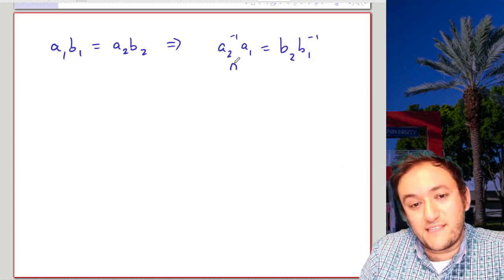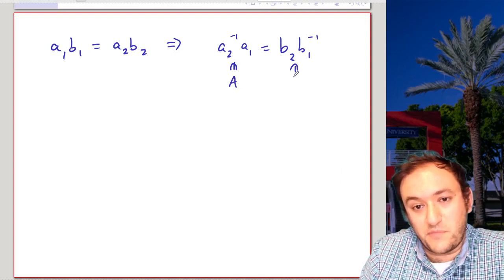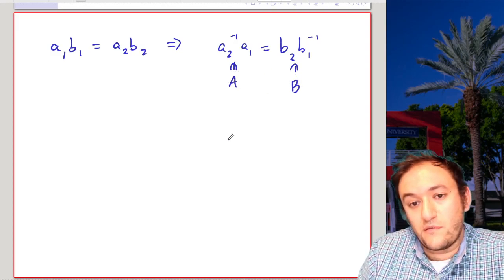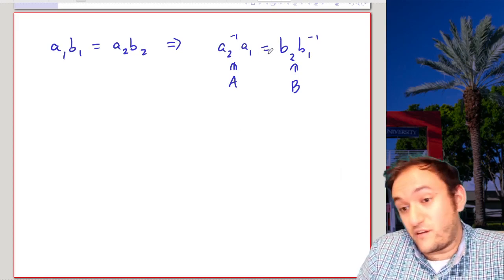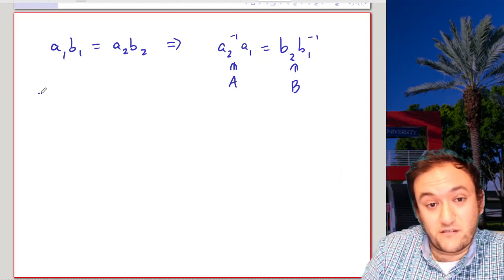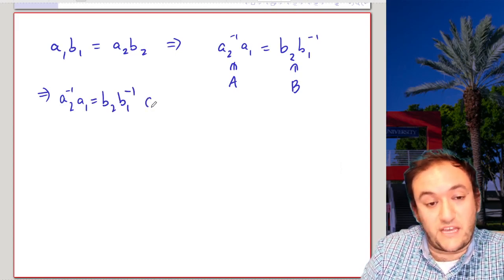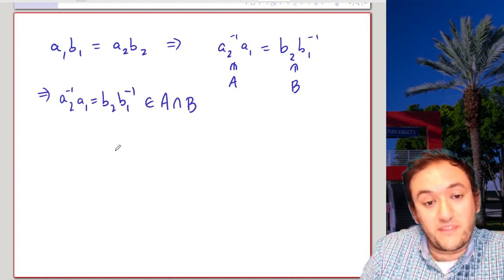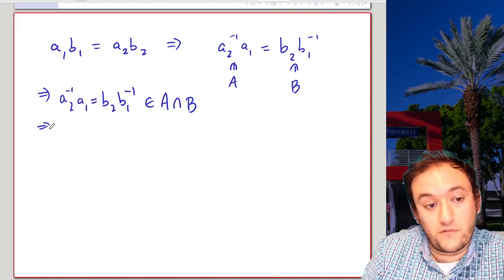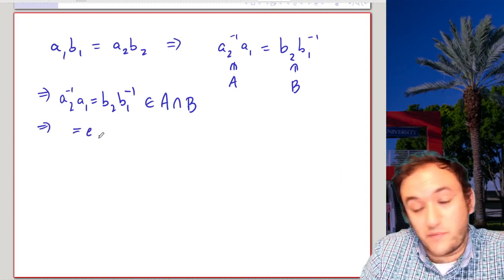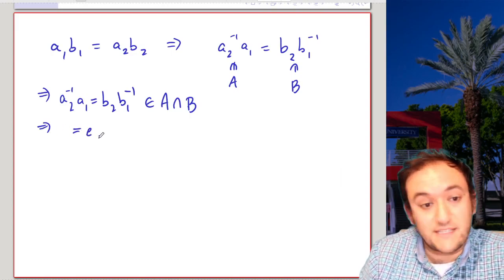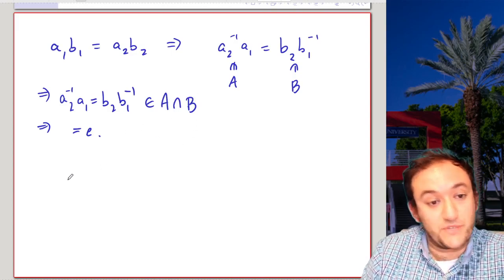And we know that this is in A and this is in B. So the fact that they're equal means that they're in the intersection. So a2 inverse a1 equals b2 b1 inverse must be in the intersection. But that means it's equal to the identity, because the only element in the intersection is the identity, if we assume the groups are distinct.